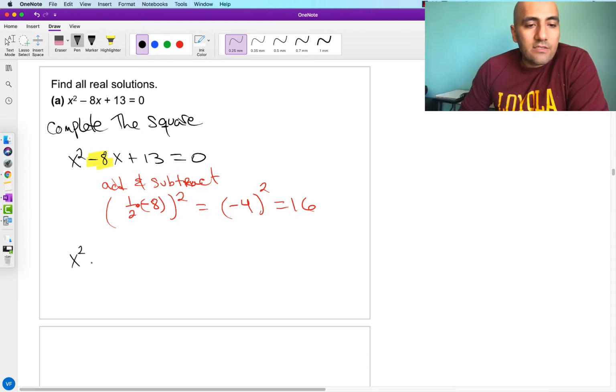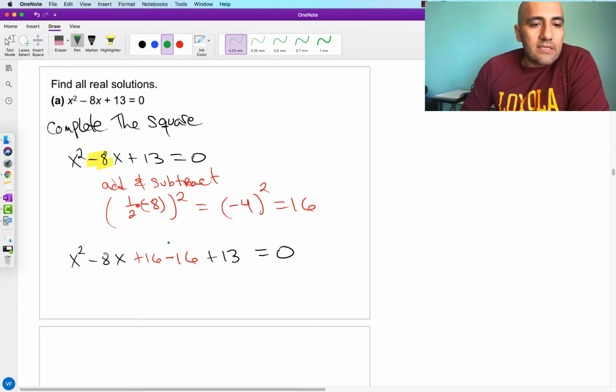So we take x squared minus 8x, and then we're going to squeeze in a +16, and also subtract 16, add and subtract it so that we don't really change the value of our equation, and then everything else stays the same. We still have a +13 equals 0. Good. This process guarantees that the first three terms are going to be a perfect square trinomial, and there's a nice little pattern to that.